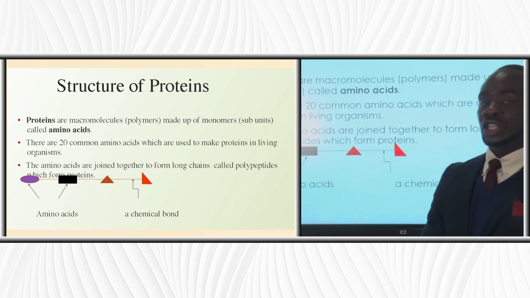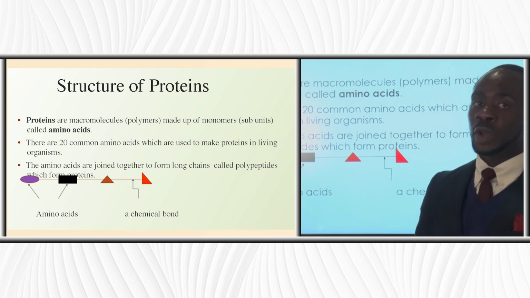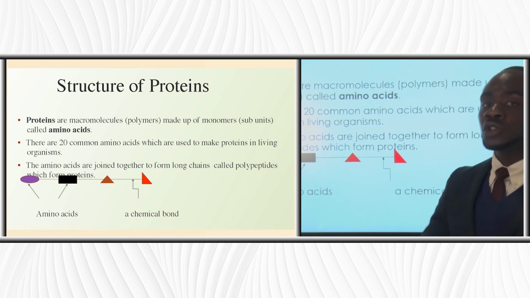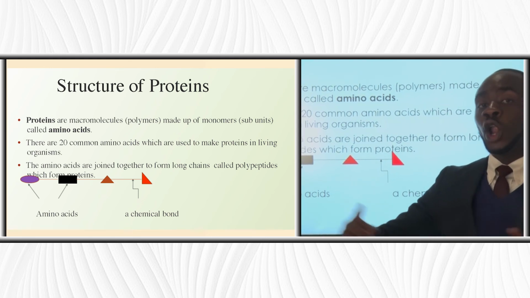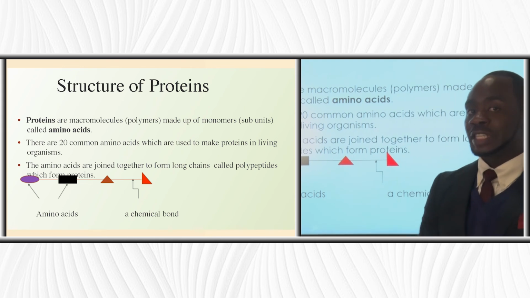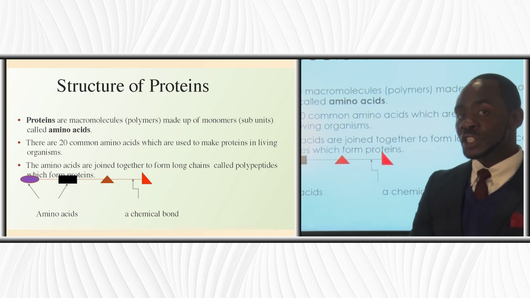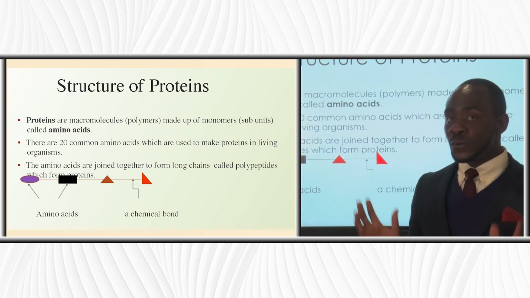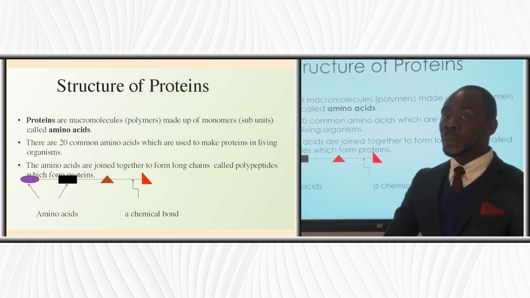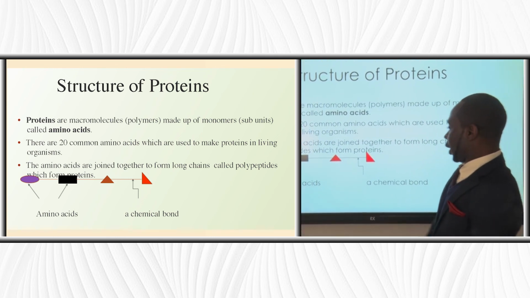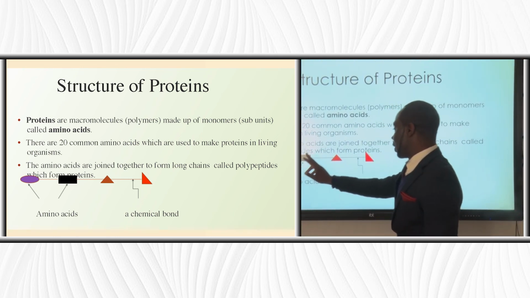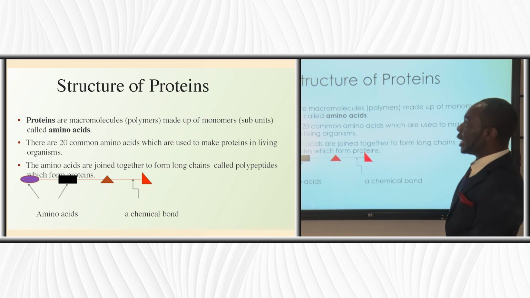This chemical bond is called a peptide bond, which joins one amino acid to another to form a long chain called a polypeptide chain. This polypeptide chain will fold to form different proteins.